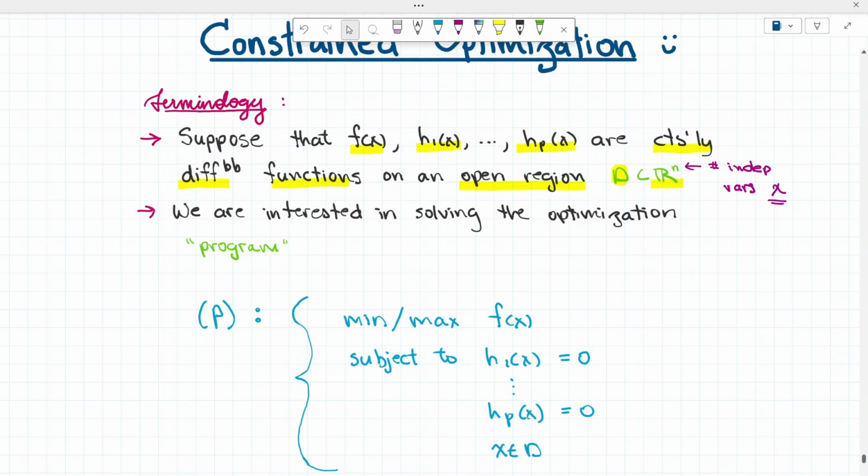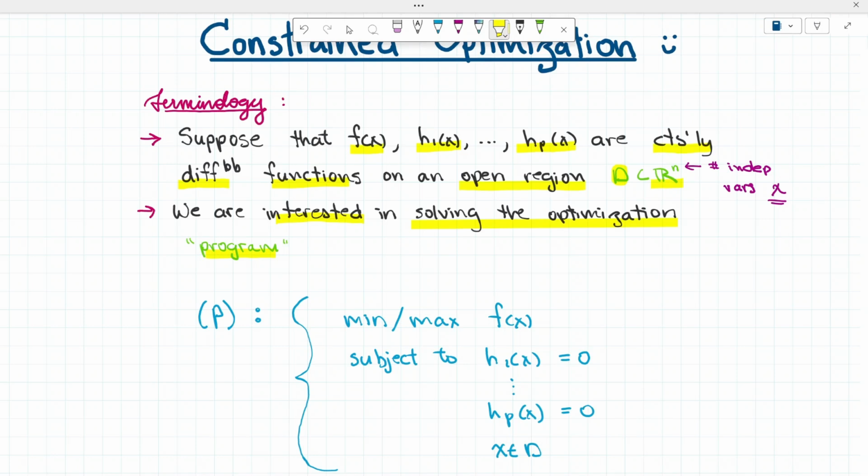So now that we've defined our function f and our functions h, which are continuously differentiable on our open region, we are now interested in solving the optimization program. You might hear this as optimization problem, but we're going to consider this as a program because this is very related to machine learning problems where we're trying to find that optimal solution to reduce our error as much as possible.